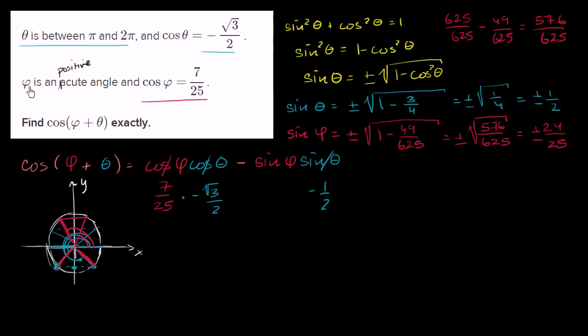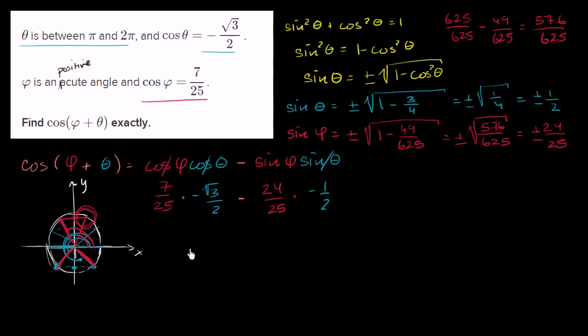Now they tell us that phi is a positive acute angle. So we know that we're dealing with this scenario right over here. So sine of phi is going to be the positive 24 25ths. So it's 24 over 25. And now we just have to multiply the numbers and then do the subtraction.